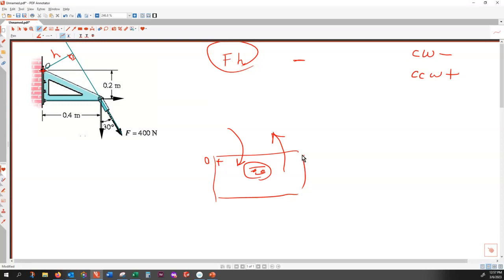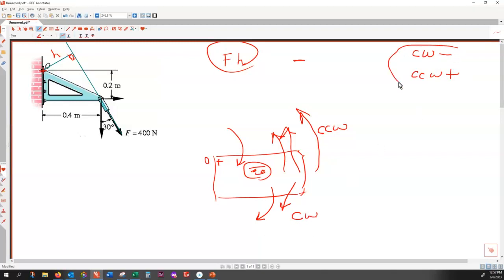Now, if I apply a force like this one, that would make my poster rotate this way, and this is counterclockwise. If I apply a force like that, it would rotate in this direction, and this is how a clock rotates. We call this clockwise.